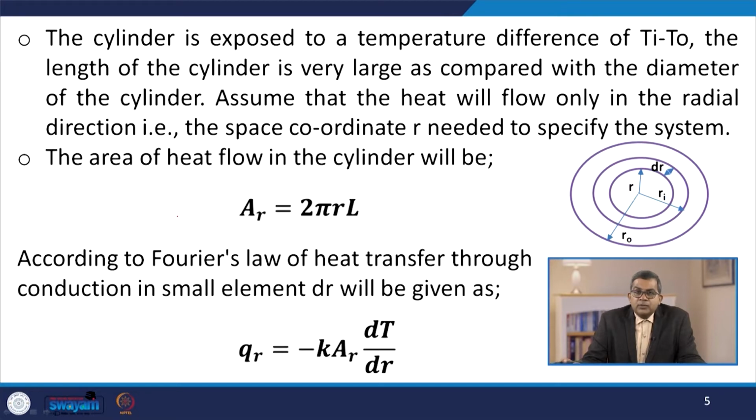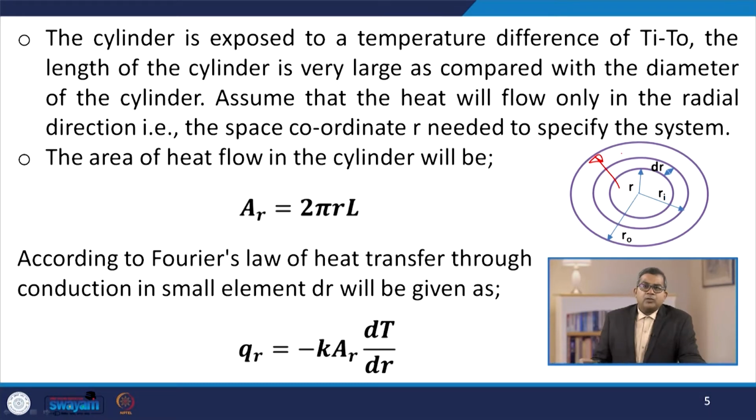The length of the cylinder is very large compared with the diameter of the cylinder. So assume that the heat will flow only in the radial direction. That is, the space coordinate R is needed to specify the system.